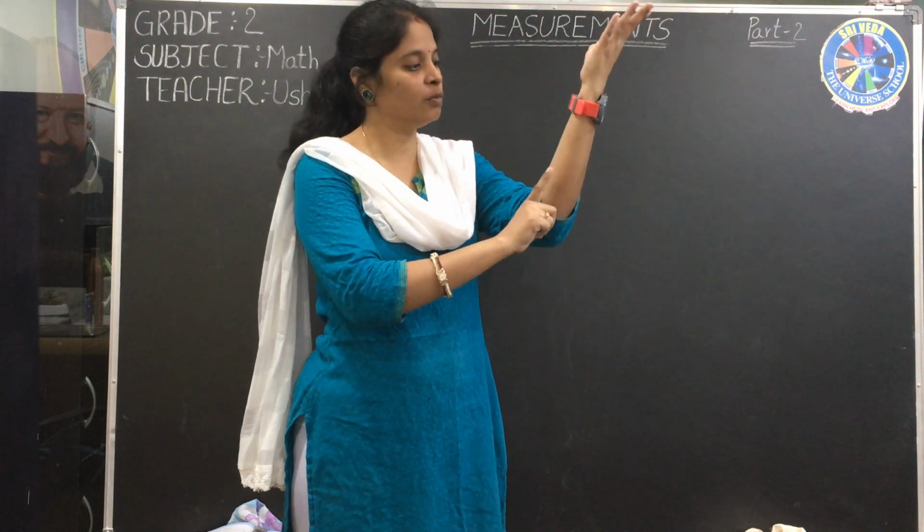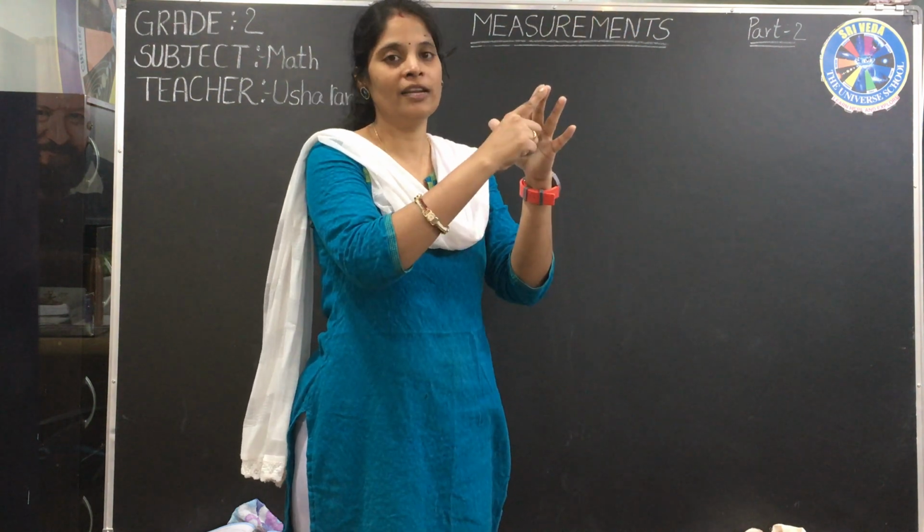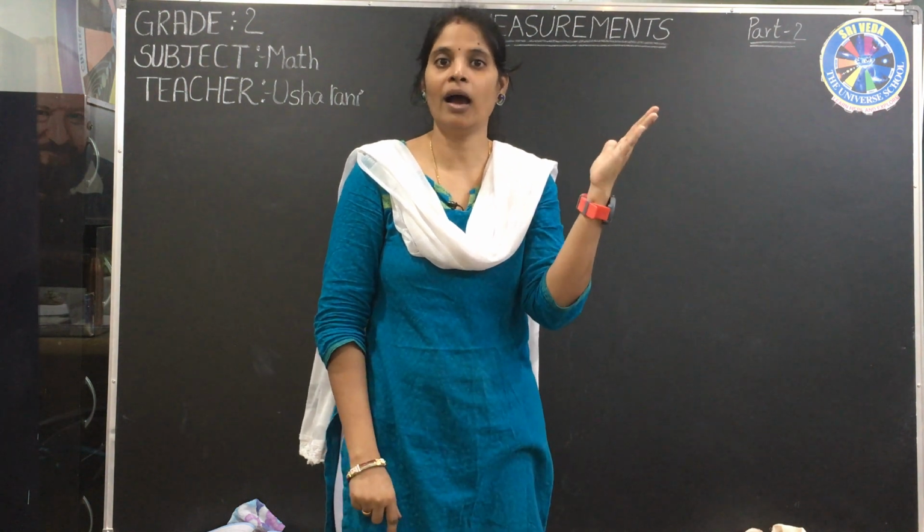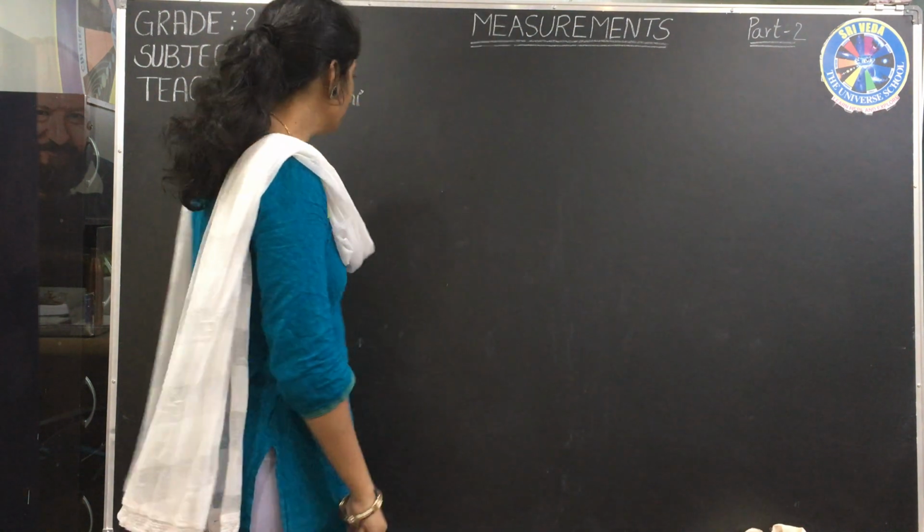The distance between the elbow and the middle finger is called a cubit or arm span. You can measure like this also.